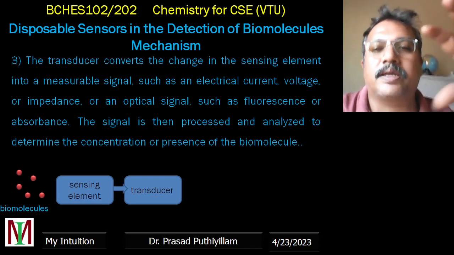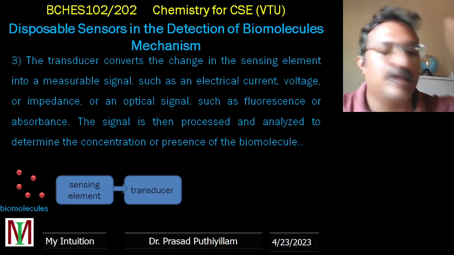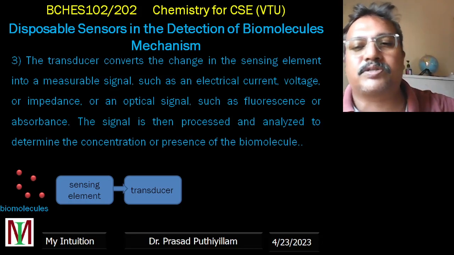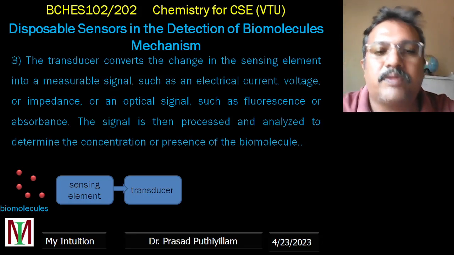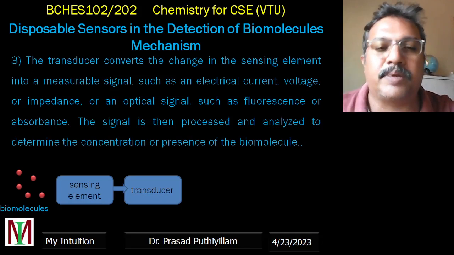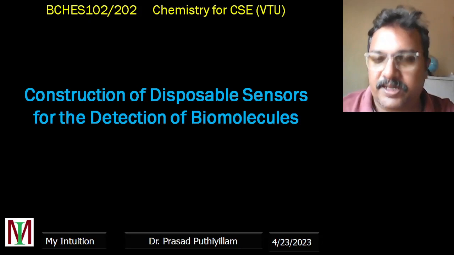All these are energy conversions. That modification on the sensing element has to be transduced, converted into another form of energy, so that we can detect it and get the display, the reading.